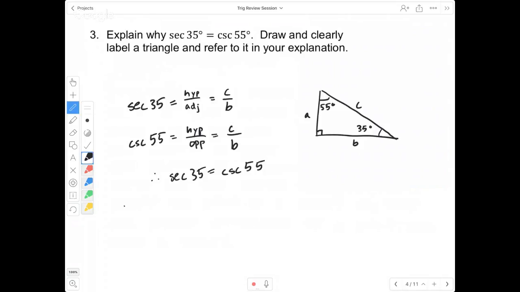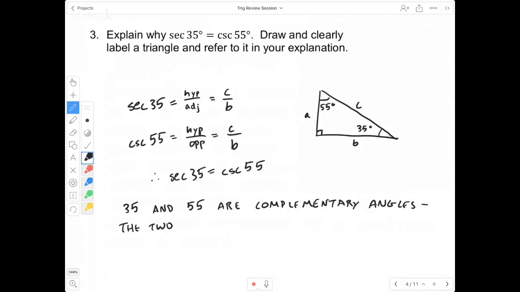And I'm going to say something like 35 and 55 are complementary angles, the two acute angles of the same right triangle.